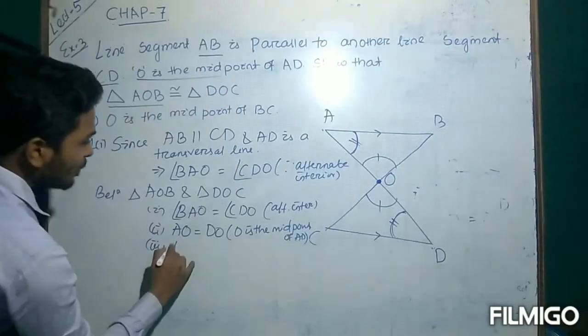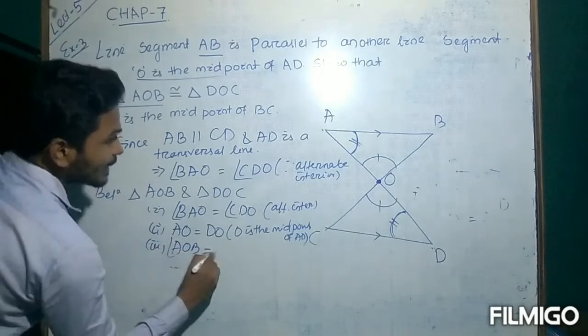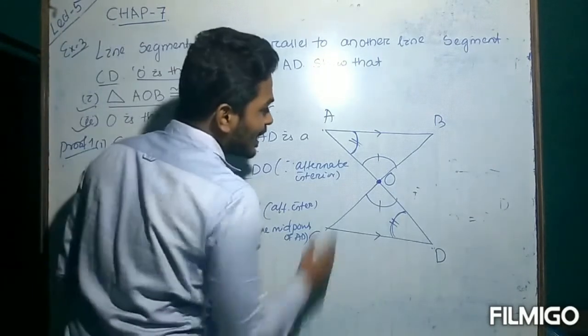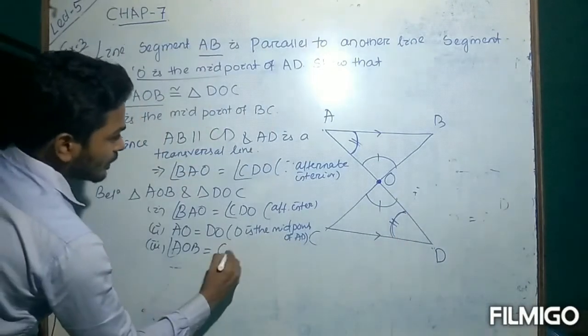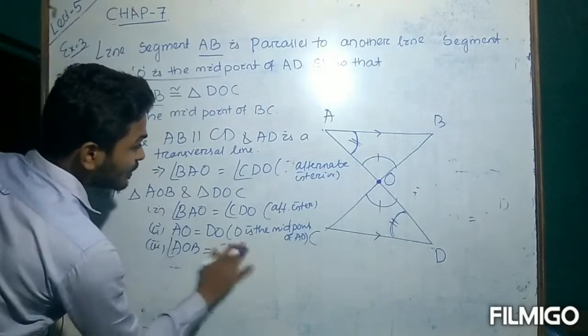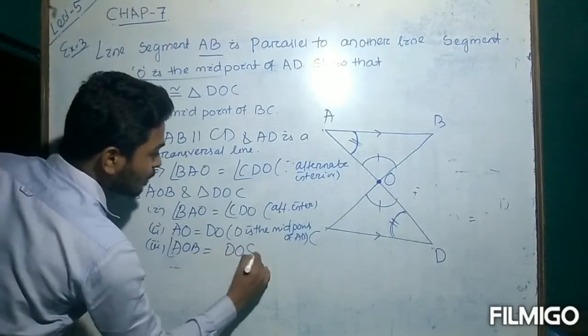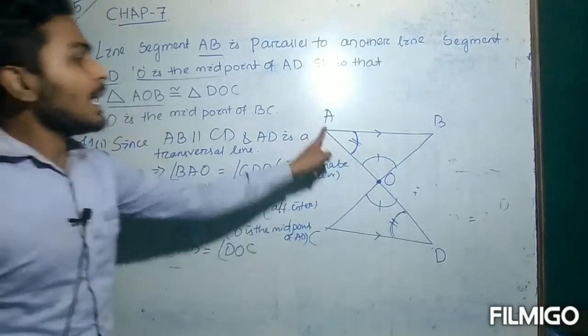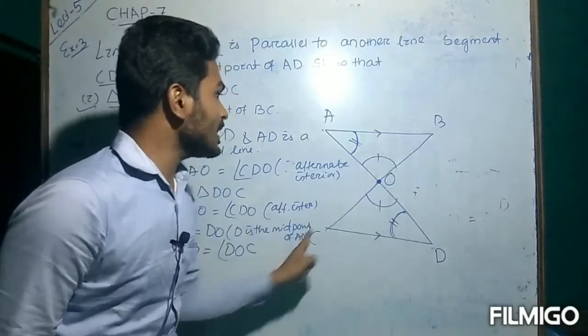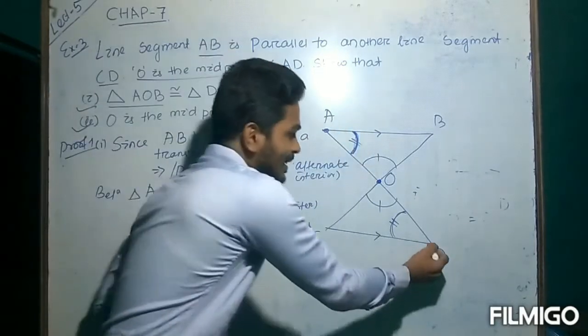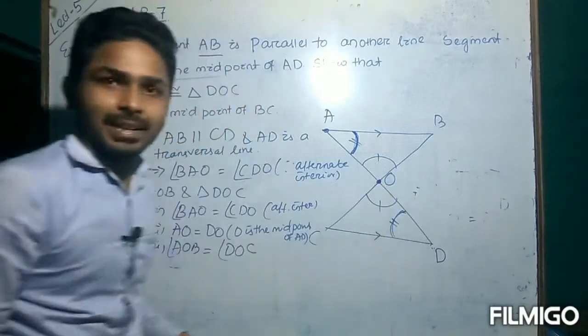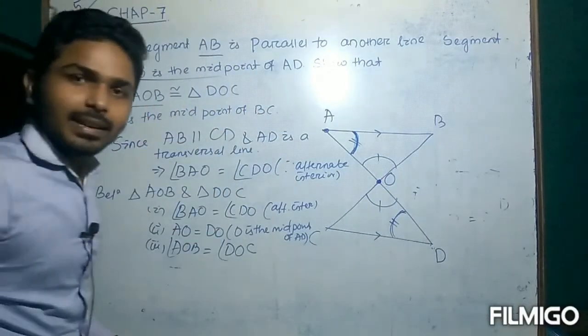So we can write AOB is equal to which angle? AOB is equal to DOC, not COD, DOC, in proper order. AOB is equal to DOC because A is a vertex where this angle is related, and D is a vertex where this angle is related.